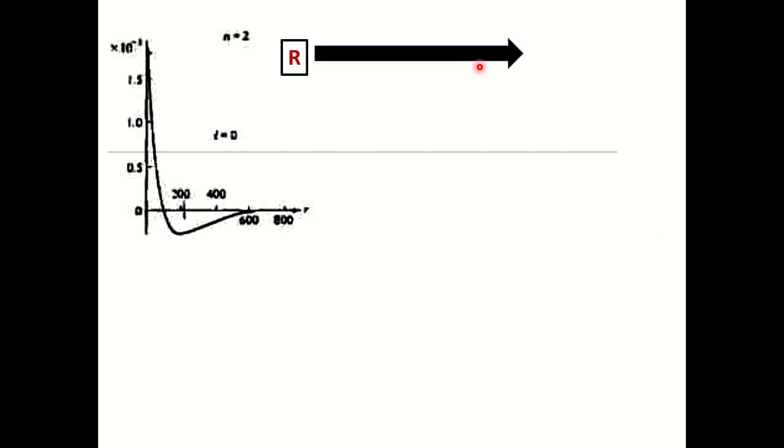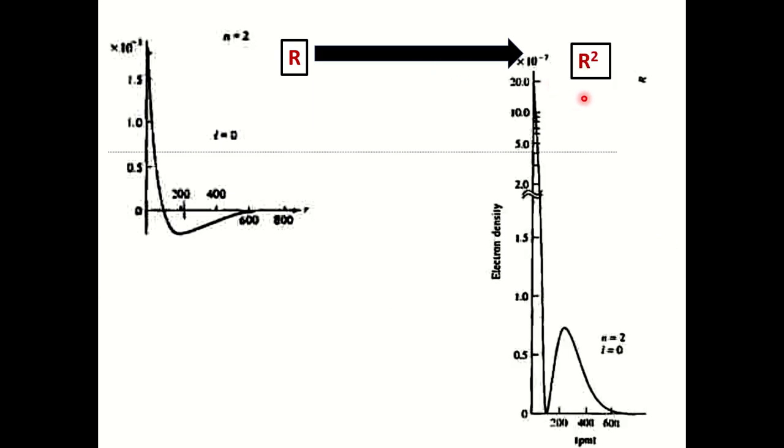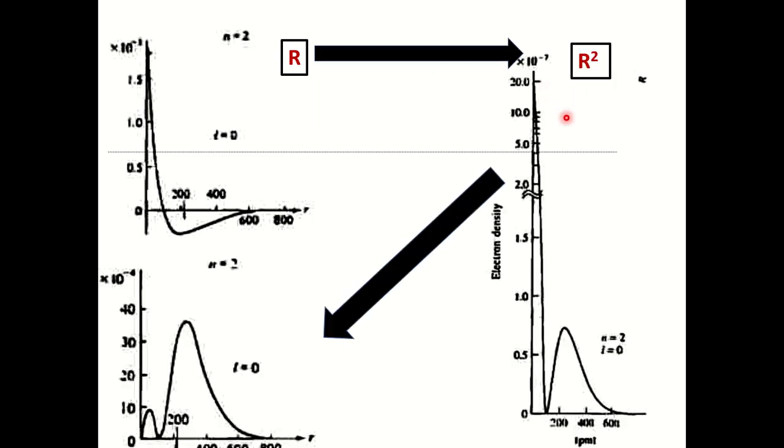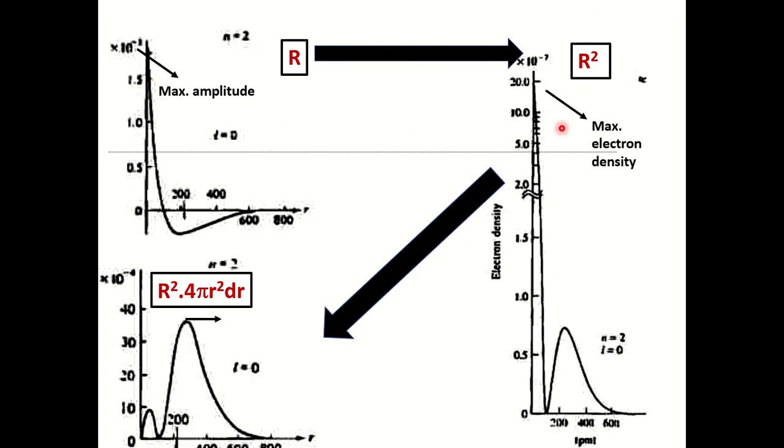Similarly, the 2s electron has maximum electron density at the nucleus. So maximum amplitude of the wave, maximum electron density, and maximum radial probability, which is slightly shifted over here.